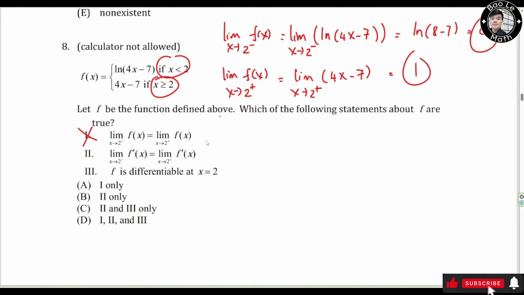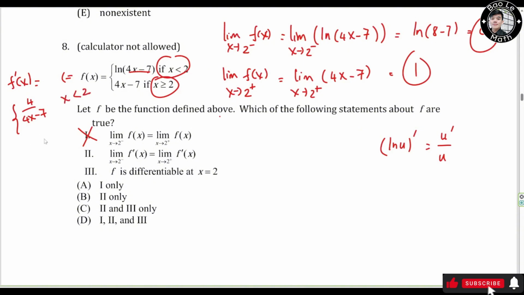Now number 2, we're going to check the derivative of this one. So we have f prime of s equals the derivative of ln u. It's going to be u prime over u, right? Where u equals 4s minus 7, right? So it's 4 over 4s minus 7 for s less than 2.